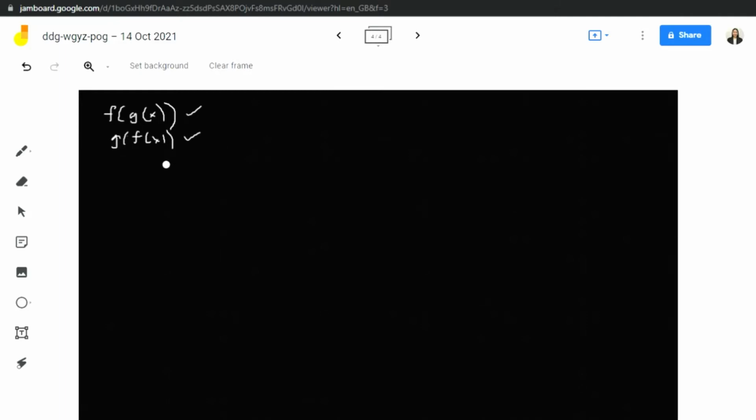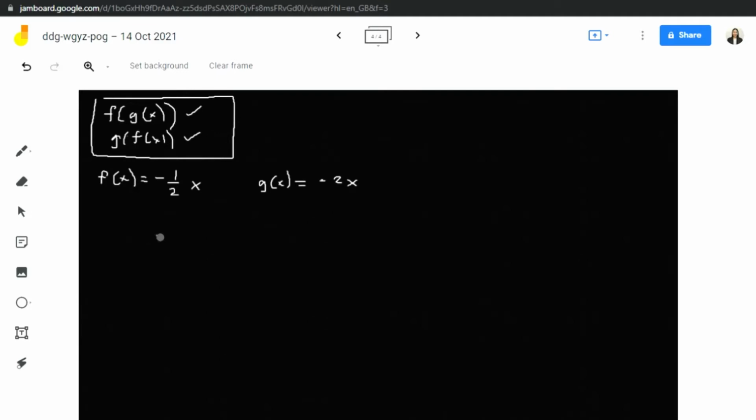Now we will be using these compositions to prove or to show that the two functions are inverses of each other. So for example, if our f of x is equal to negative 1/2 x and our g of x is equal to negative 2x. We want to show if negative 1/2 x is the inverse of negative 2x and negative 2x is the inverse of negative 1/2 x respectively. That is by using these compositions of functions.